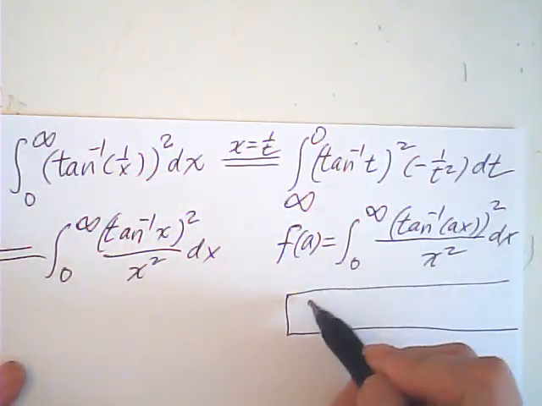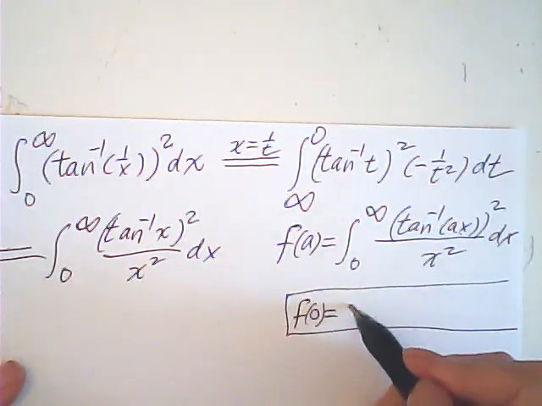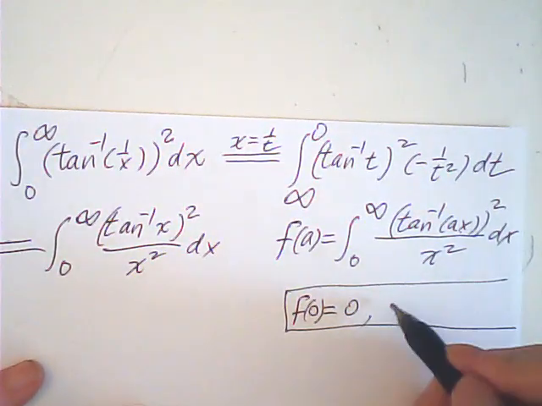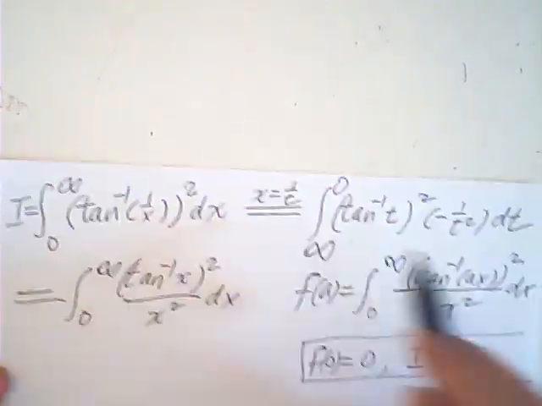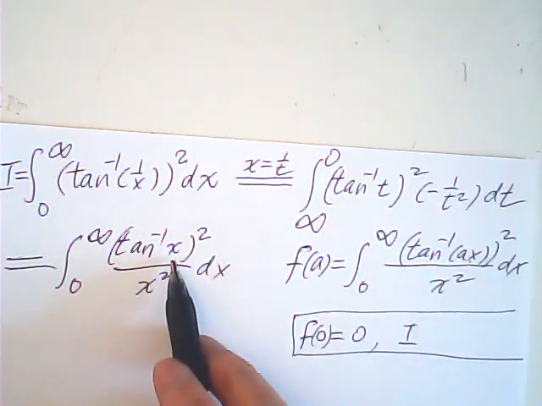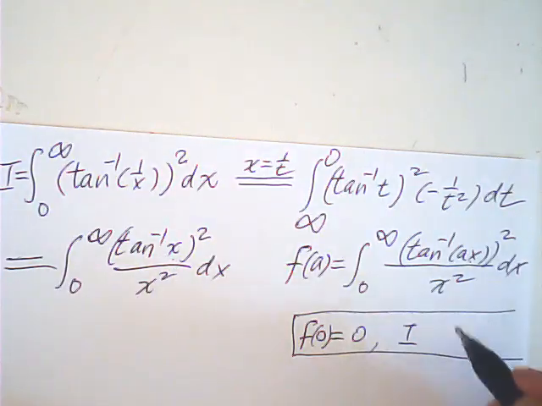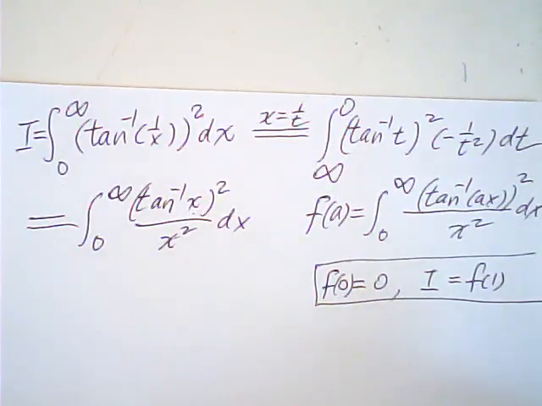I have a condition that f of 0, when a equals 0, is 0, right? My target integral is equal to f of 1, when a equals 1.